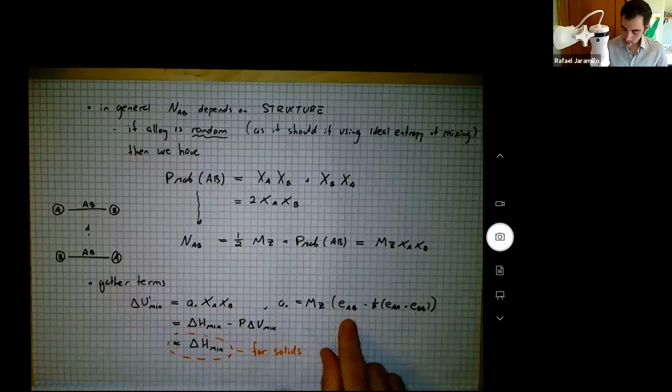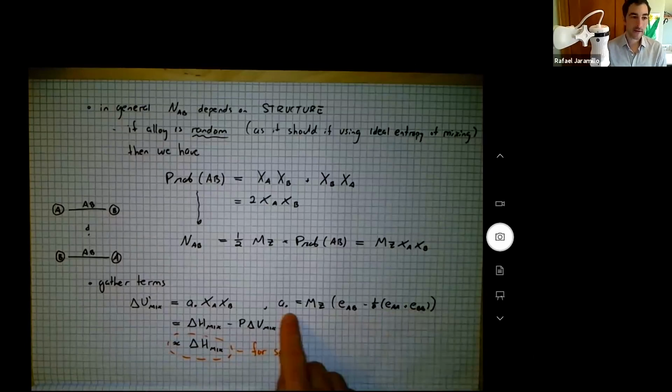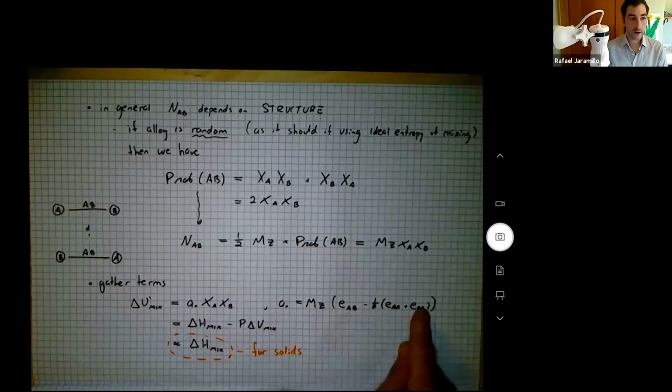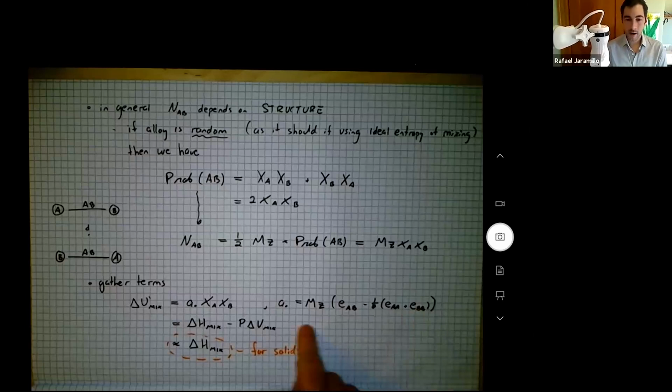If the AB bond is a really low energy thing relative to the AA and BB bonds, then this will be negative and you'll have an exothermic process, right? If the AB bond is a really high energy thing relative to the cases of the pure materials, then this overall will be positive and you'll have an endothermic mixing process.